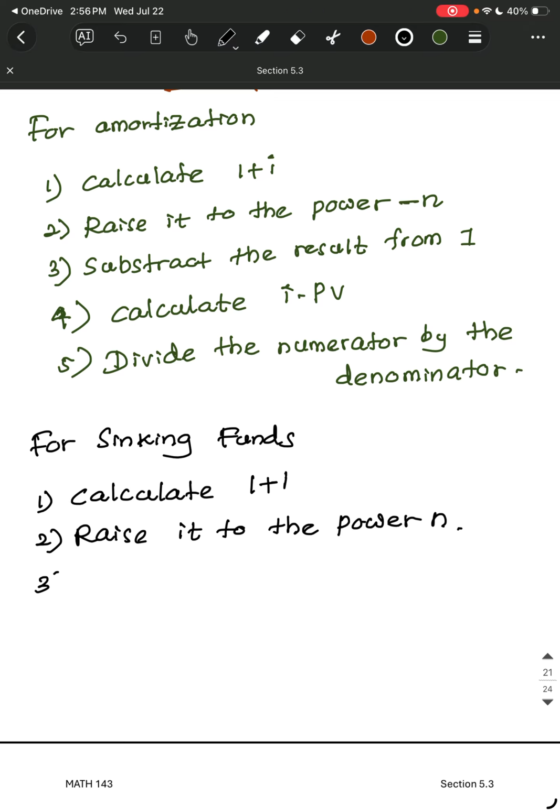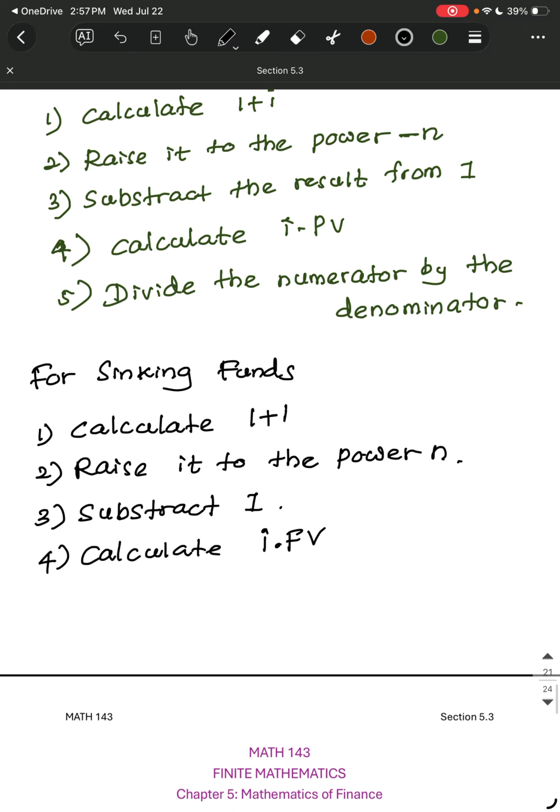Subtract 1. Fourth step, calculate i times future value. Finally, divide the numerator by the denominator.